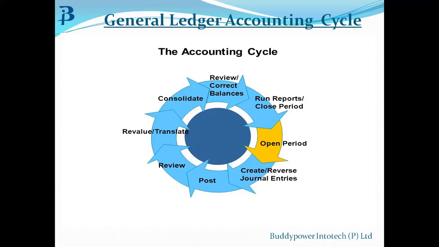The accounting cycle is a collective process of identifying, analyzing, and recording the accounting events of a company. It is a standard 8-step process that begins when a transaction occurs and ends with its inclusion in the financial statements.